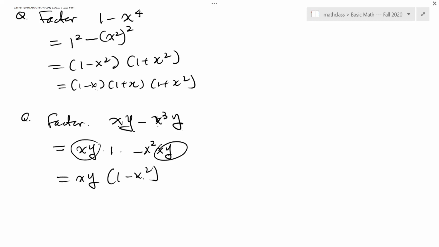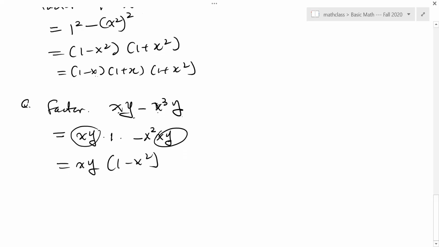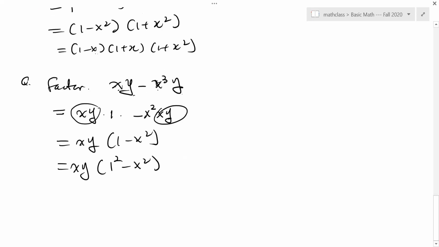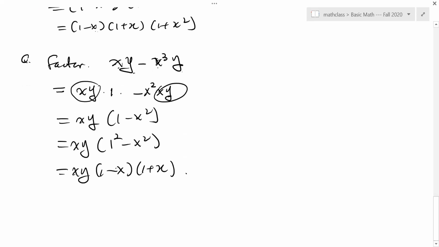Do you see that? 1 minus x squared, where 1 is 1 squared, so you can continue. It's 1 squared minus x squared. So you get x times y, 1 minus x, and 1 plus x. Someone got x squared minus 1. I don't know why. It should be 1 minus x squared, but that is not complete. It should continue.